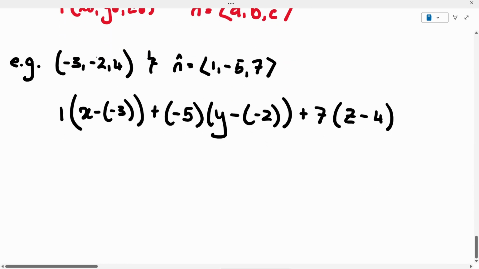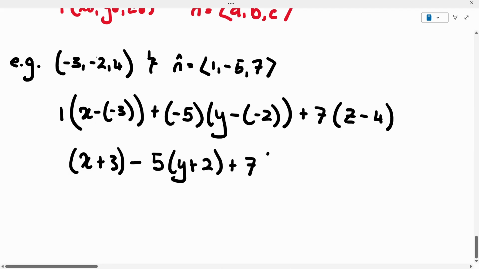If we simplify this, we have (x plus 3) minus 5(y plus 2) plus 7(z minus 4). You all have that? Yeah. So all you needed to do is substitute, right? That is the point normal equation of the plane.